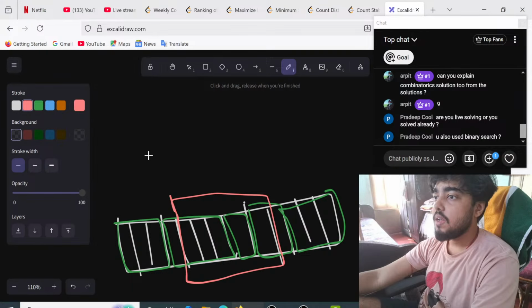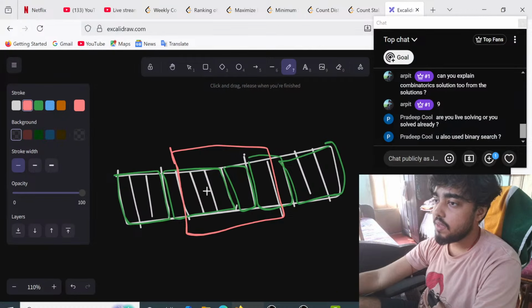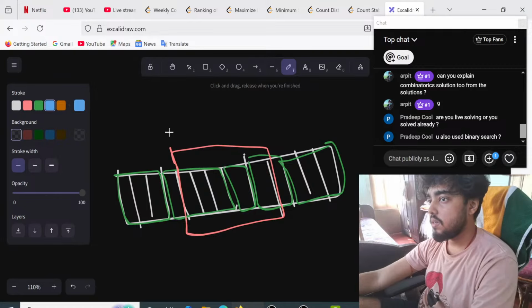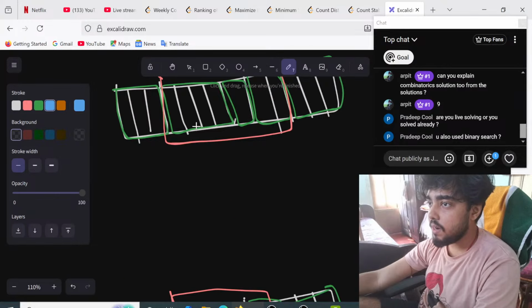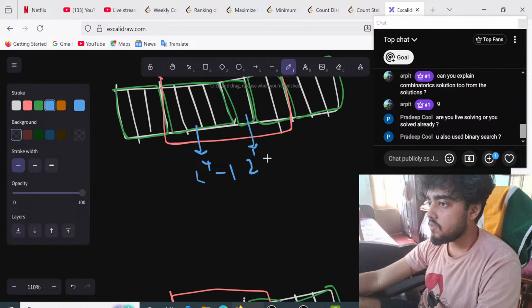Now the calculation of this is easy. The calculation of this is also easy. What was this? This was nothing but 2 to the power 4 minus 1. Correct? This was 2 to the power 1 minus 1. You just go on adding them.